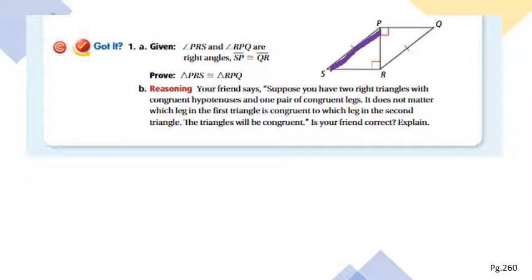This SP is congruent to QR. Okay, and I want you to look at this. What can we call this? We call it, of course, the hypotenuse. So we have one pair of congruent hypotenuses. Is it right? And we have also one pair of right angles. So we still need the third condition. What is it? Can you find it?